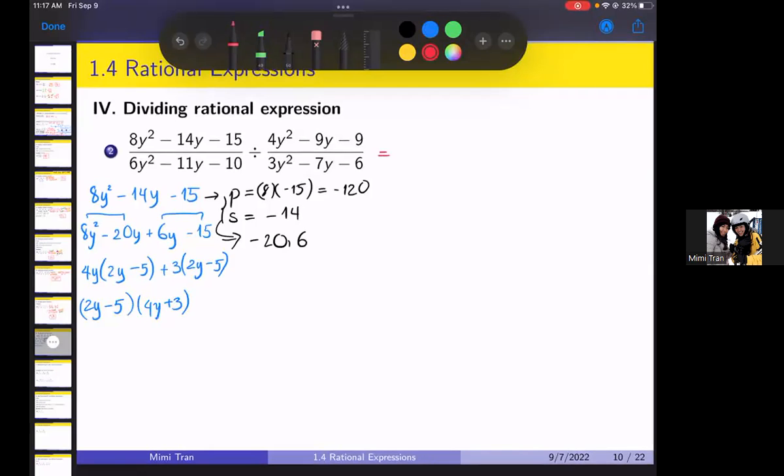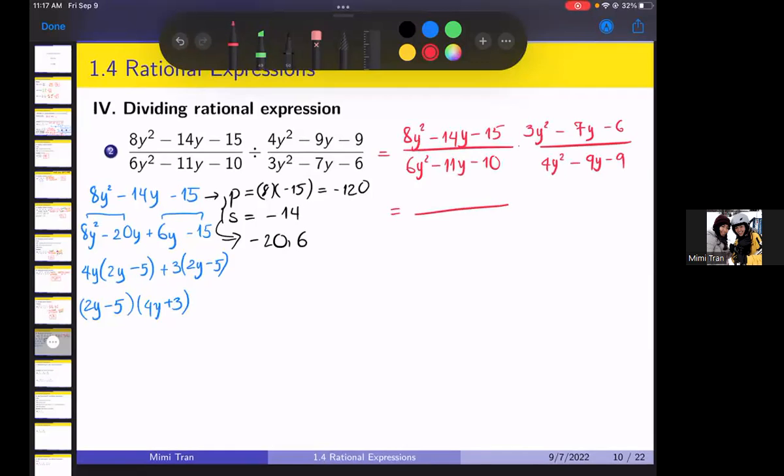Oh, let me flip first before I forget. So I'm just rewriting this. So 1 down, 3 more to go.